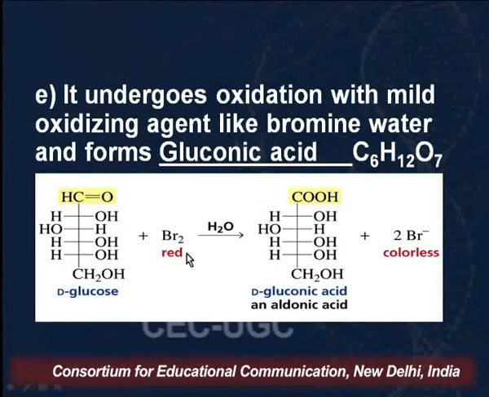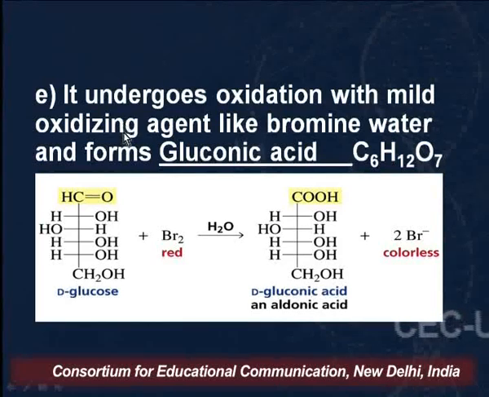If we were carrying out the reaction of a ketose with bromine water, it would not give us aldonic acid, because the ketonic group is in the center. There the bond cleavage would take place and we would get a mixture of acids, whereas in this case we were getting gluconic acid. So this specifically proved that the carbonyl group in glucose is the aldehydic group.